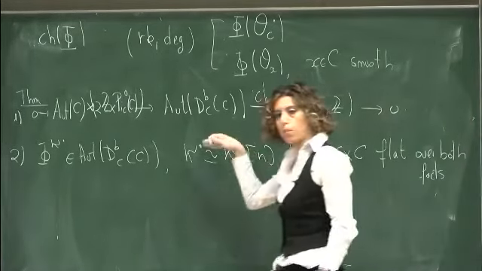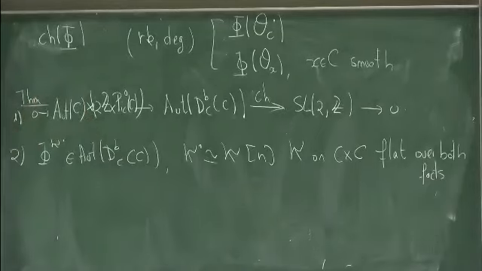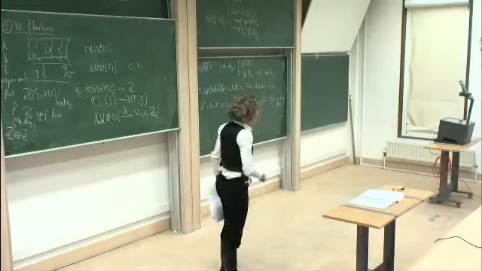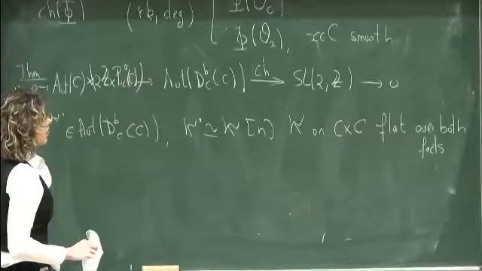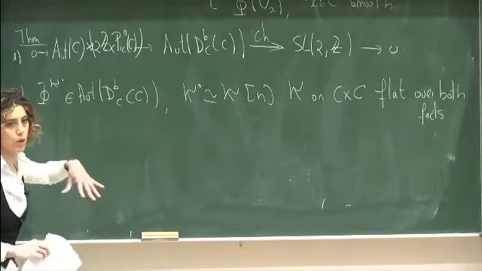Because in fact this is basically a Poincaré sheaf shifted. Okay? Taking into account this exact sequence. Okay, and this is the key to pass to the relative situation.